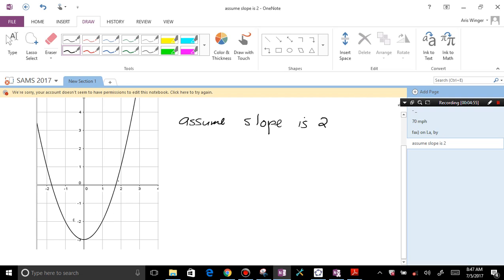So that means that somehow when I look at this, the slope is 2. Well, I asked for a line. What do you need for a line? A slope and a point.